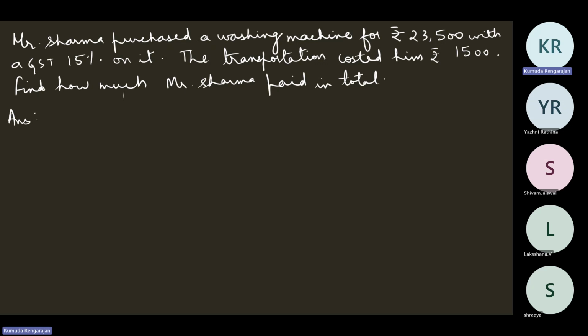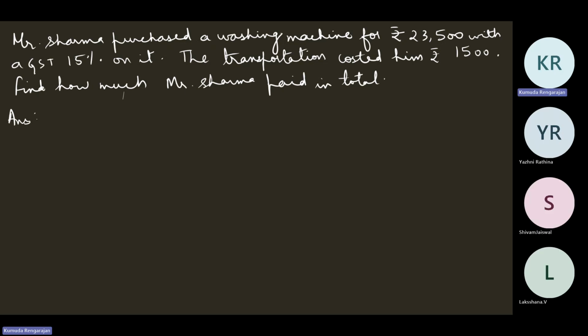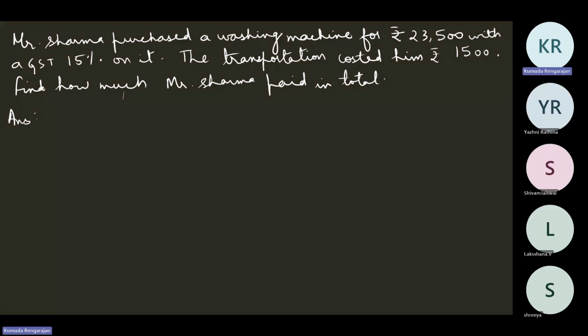If the question says Mr. Sharma purchased a washing machine for rupees 23,500 inclusive of tax, meaning 23,500 includes the tax also. It includes the tax of 15%, meaning 23,500 already has the tax value in it.